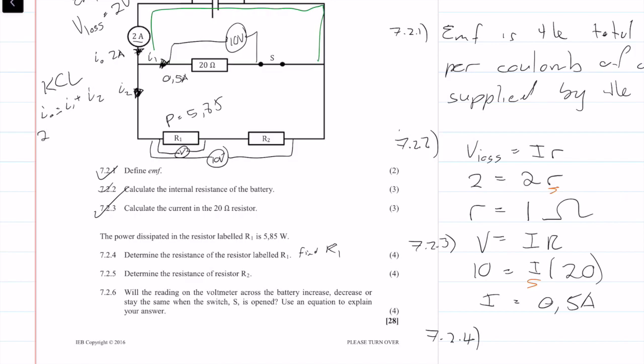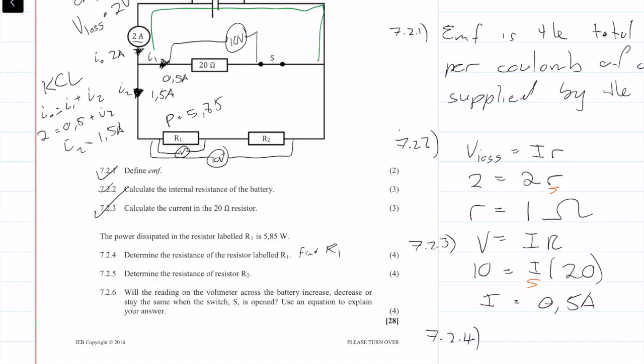So I0, 2, is equal to I1, which is 0.5, plus I2. So we can say that I2 was calculated as 1.5 amps. So the current through this part of the circuit is 1.5 amps.